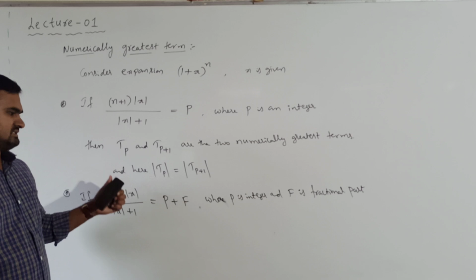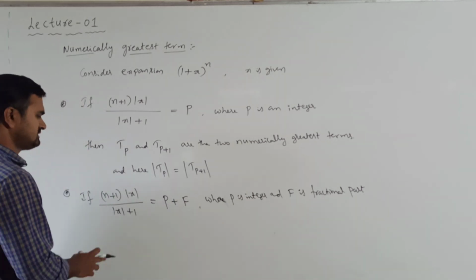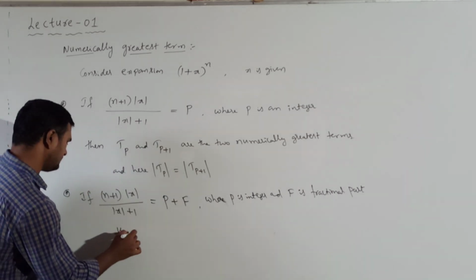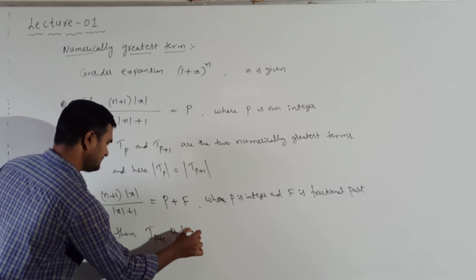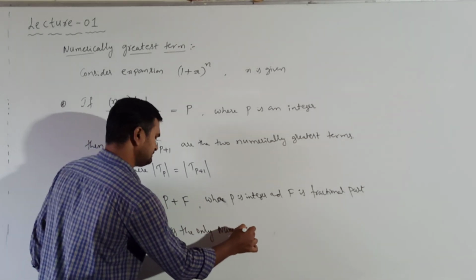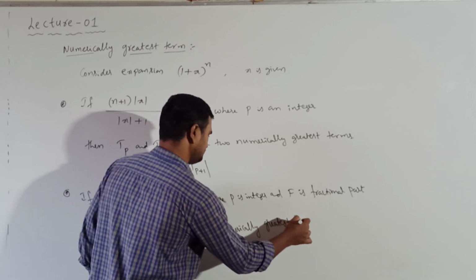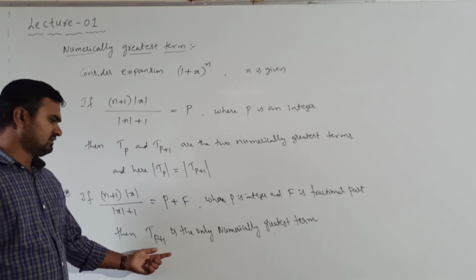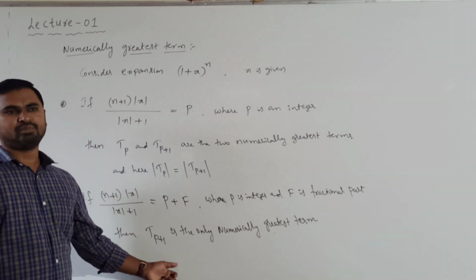So if this ratio is some integer plus fractional value, then there exists only one numerically greatest term, and the term is given by t_(p+1), the only numerically greatest term.